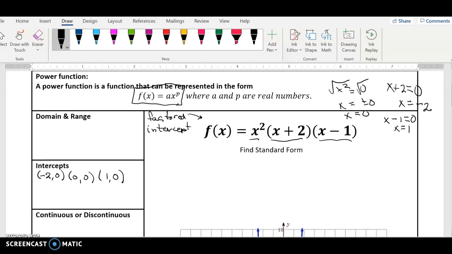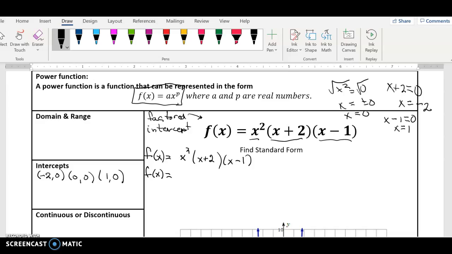The factored form or the intercept form can be FOILed together or multiplied together to find the original polynomial. So let's check that out, see if we can do that really quickly. We have x squared times x plus 2 times x minus 1. I'm going to save the x squared for the last step.